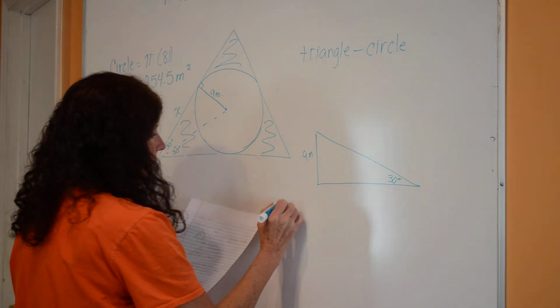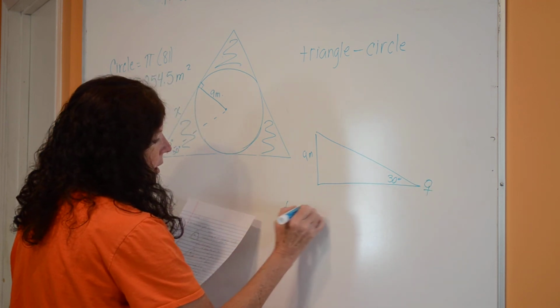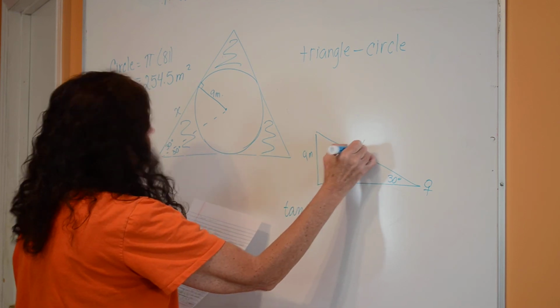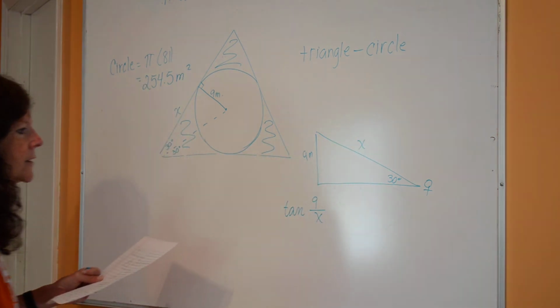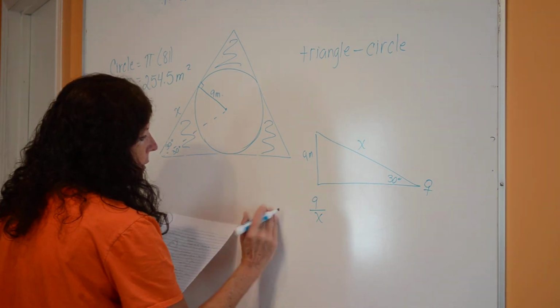So I'm going to use the tangent, because I'm standing here, the tangent of 30 degrees is equal to 9 over x, because x is right there, x is also right there, it's half the side.